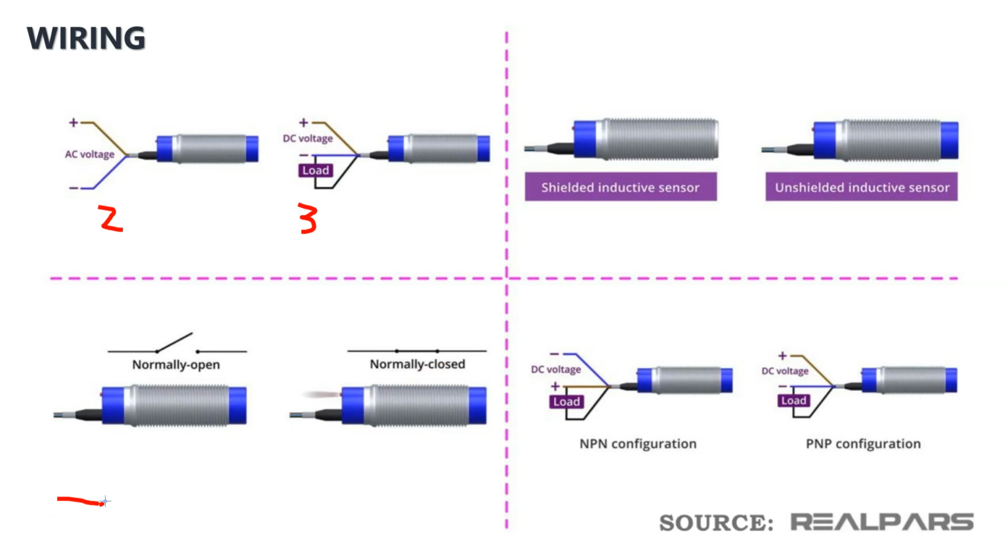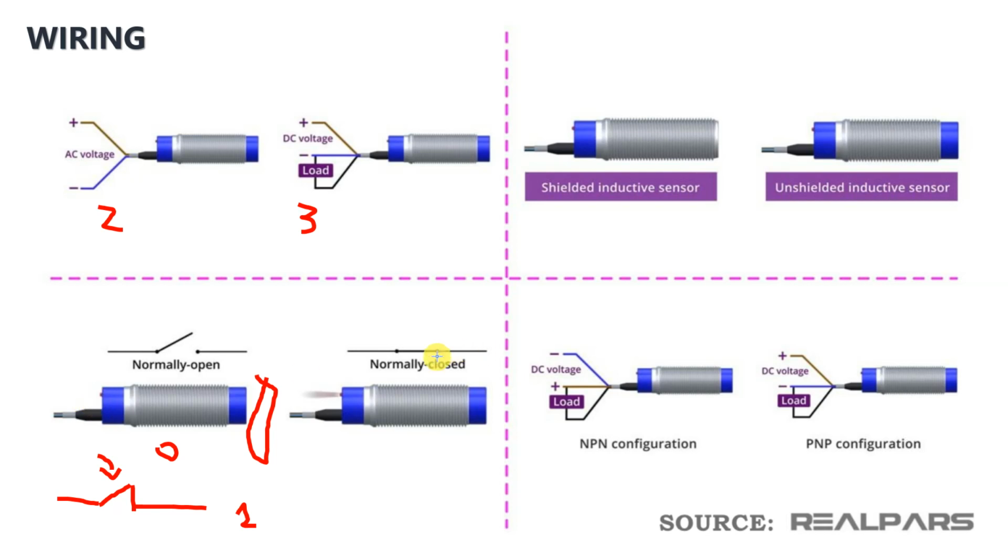A normally open switch, right? Initially, when the object is not present, there is no signal output because the switch is open. If the object is present in front of the sensor, the normal operation will be actuated and you will get an on signal at the end and the indicator will light up.